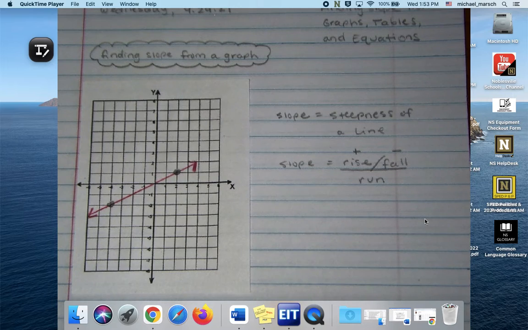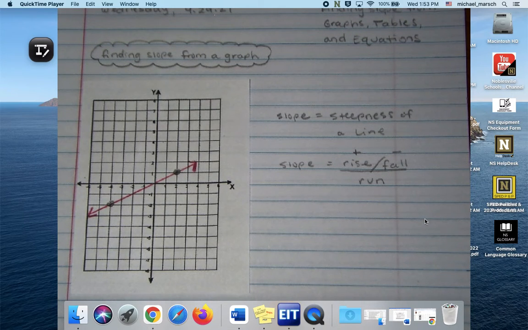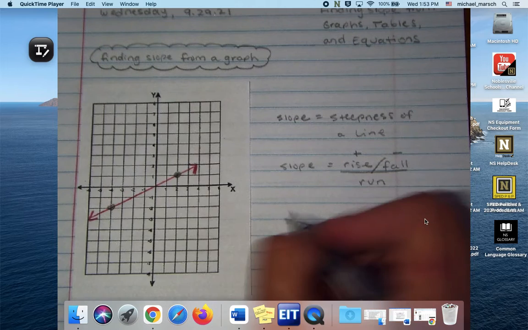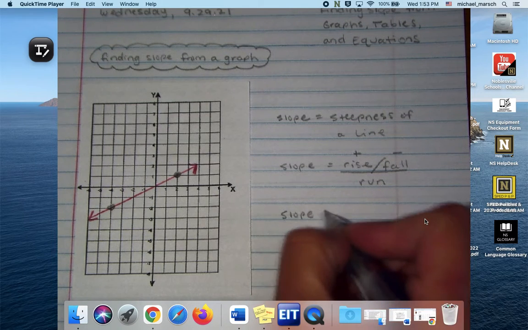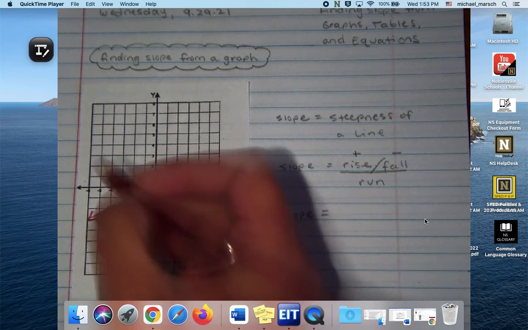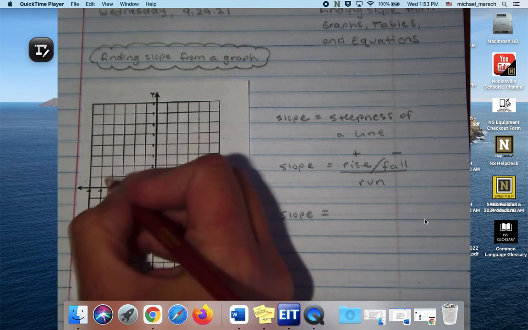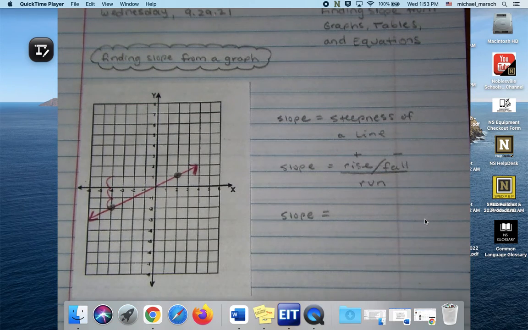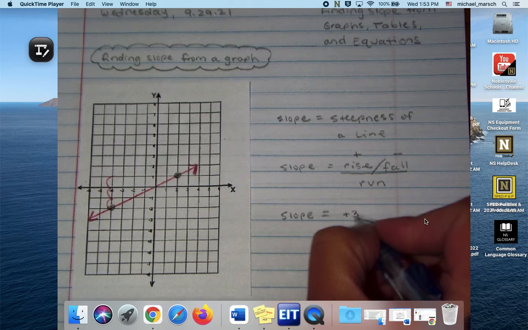So what we do is we find the rise or fall first. Always count up or down first because that's going to be your numerator, right? So this goes 1, 2, 3. So my slope is going to be positive 3 over.